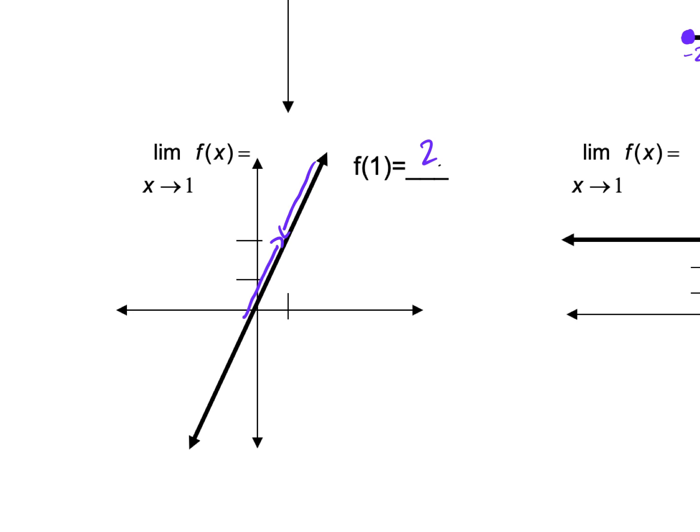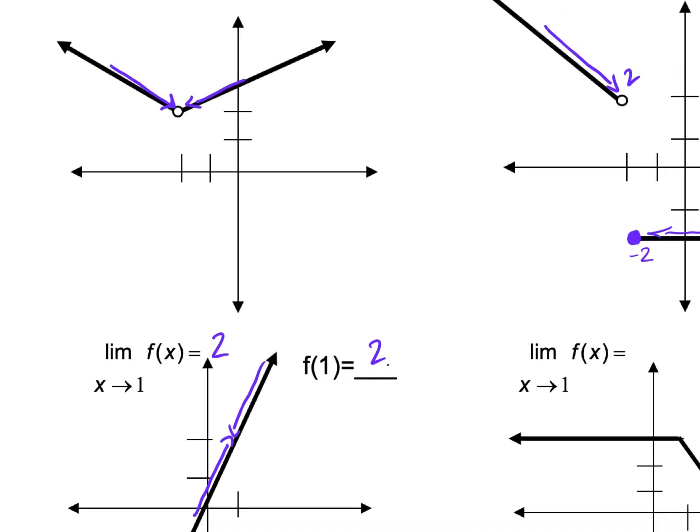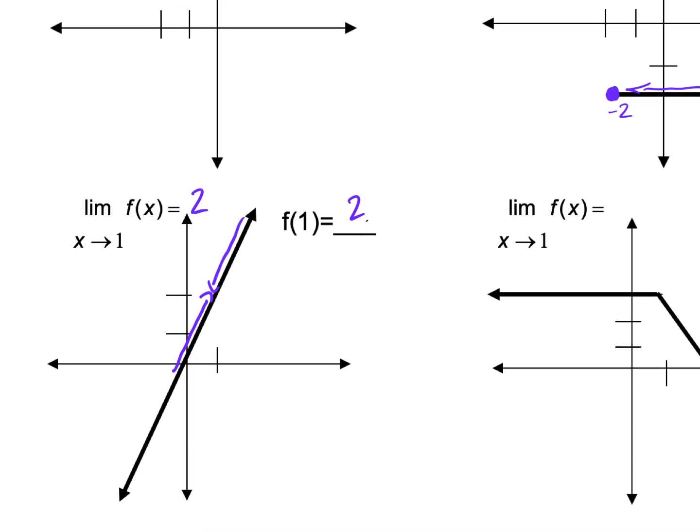If I trace both sides coming in towards 1, this is still coming right towards that same y value, right? So my limit is the same as my function value here, 2. And this is why we don't start with this graph, because then it's like, well, why are we doing that at all? The typical reason we talk about limits is for the weird graphs like these, not the normal one, okay?